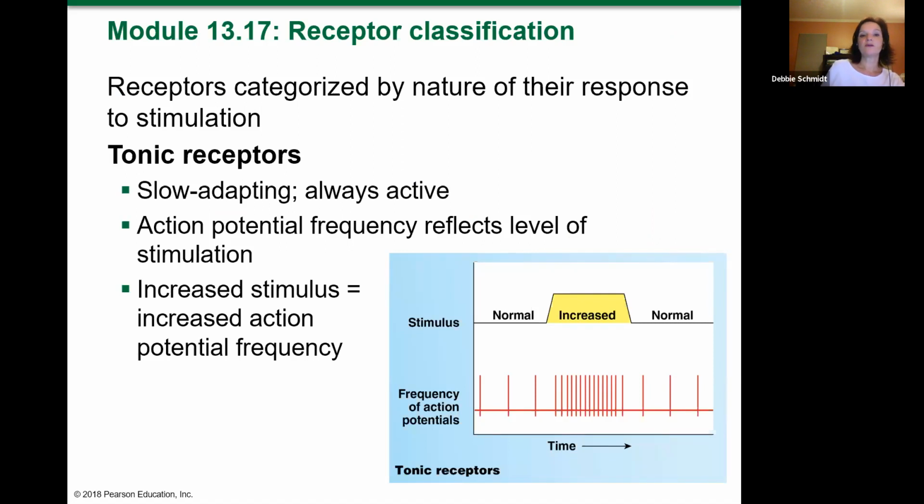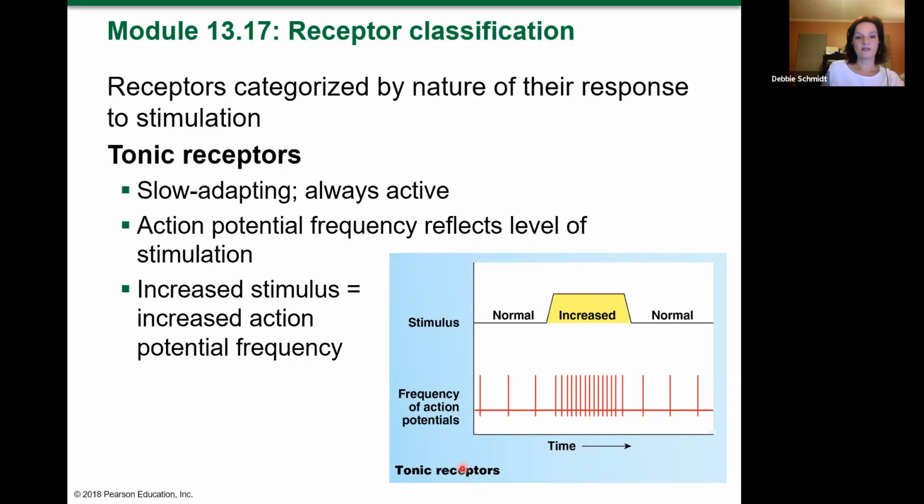Receptors can also be categorized by the nature of their response to stimulation. Tonic receptors are slow to adapt, and they're also always active. So the frequency of how they fire, they're always firing. Changing the frequency gives the brain information about the presence or absence of a stimulus.